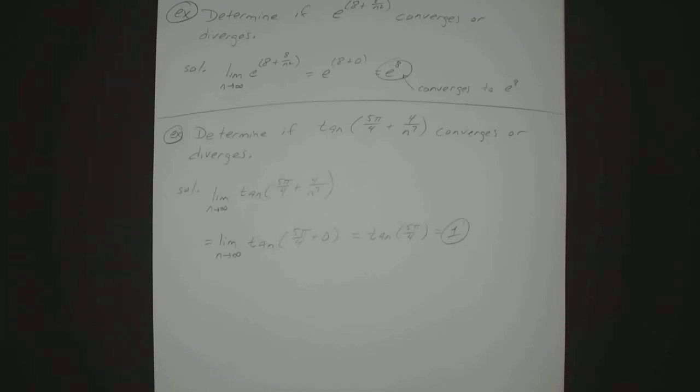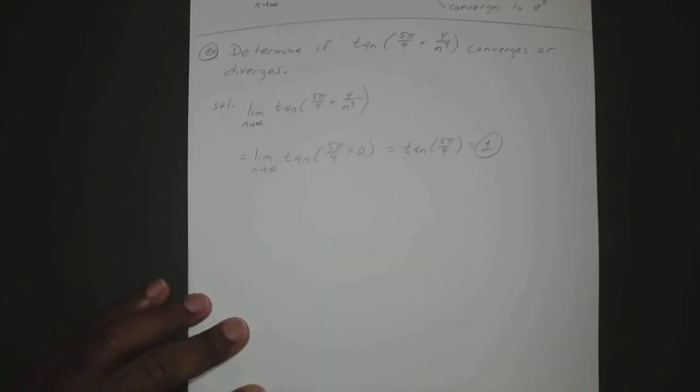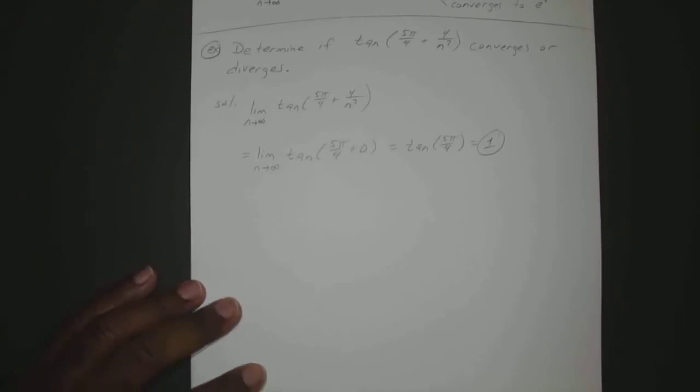So any questions? Yes. Do we look at how to find what value it converges to, like graphically, where on the graph it converges? Well, most of the time you can see, as it gets bigger, it kind of reaches a ceiling.